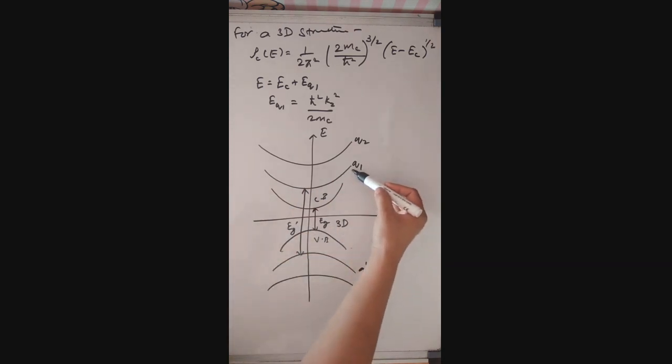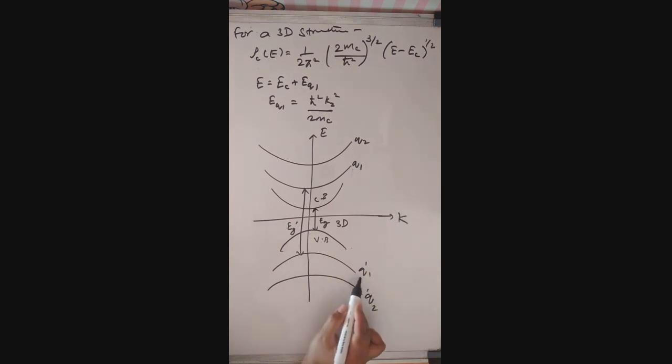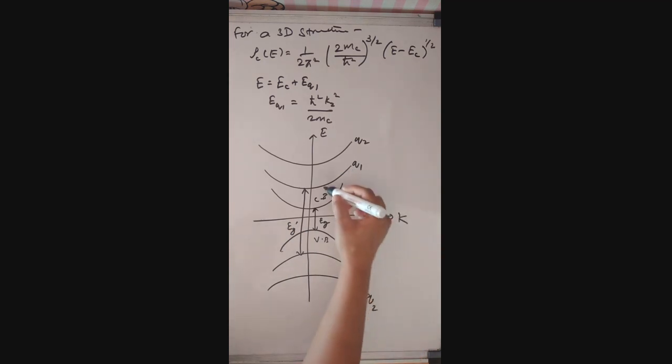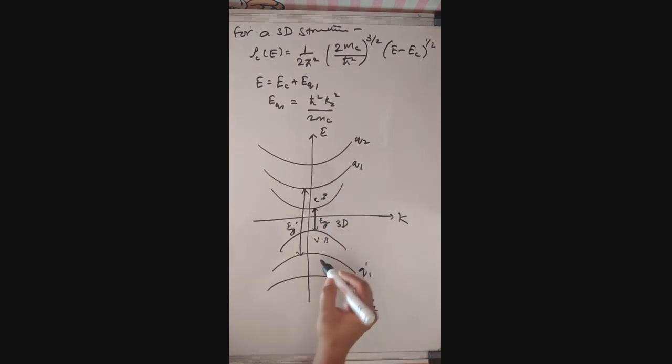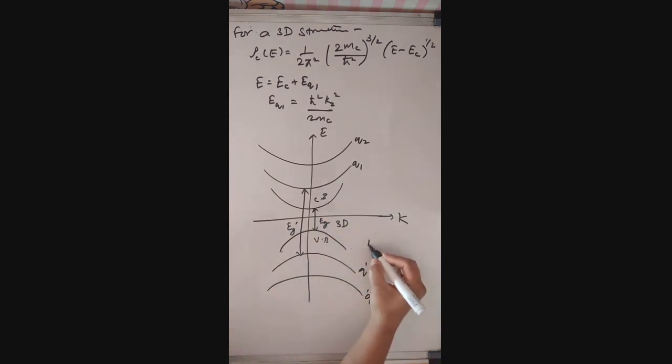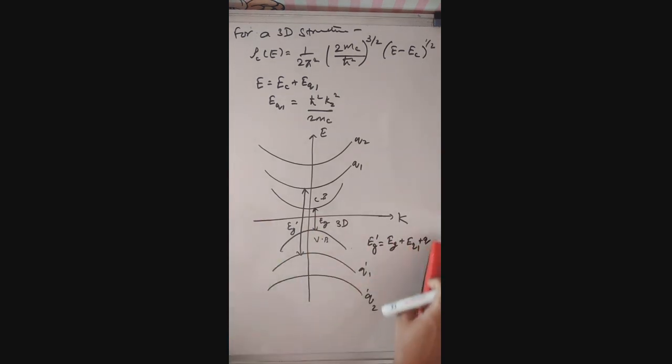It's a difference between the Q1 and, let this be, the Q1 dash. This we are getting for a 2D structure, these energy subbands. Or we can say simply that EG dash, the effective band gap, is EG plus EQ1 plus EQ1 dash.